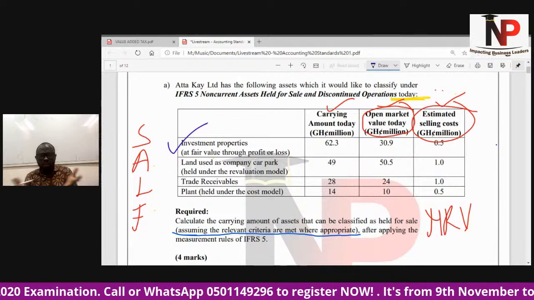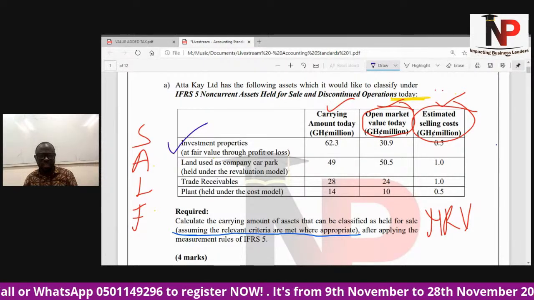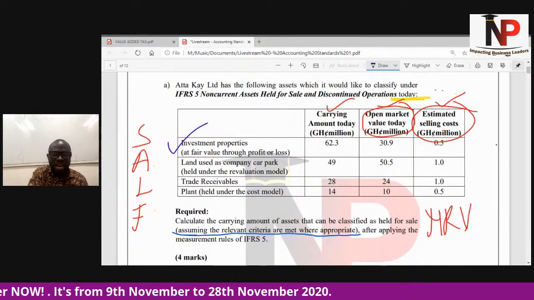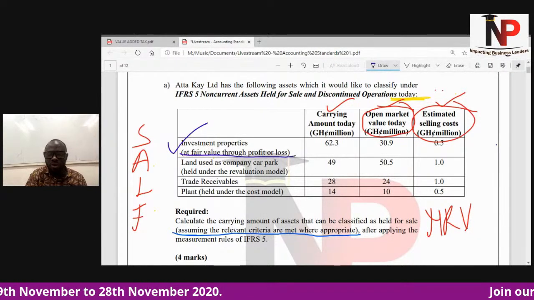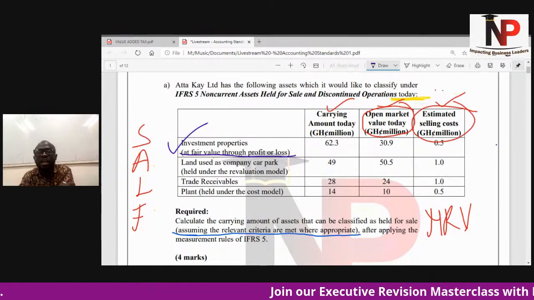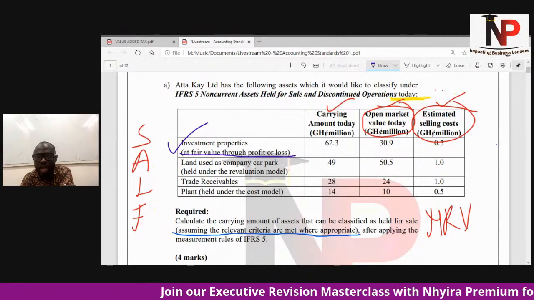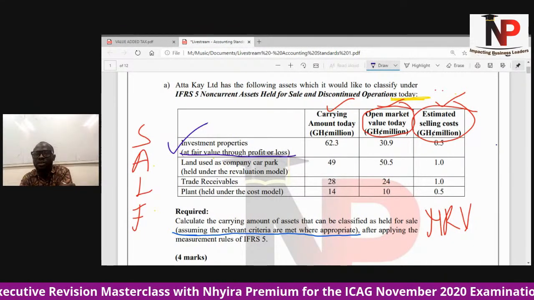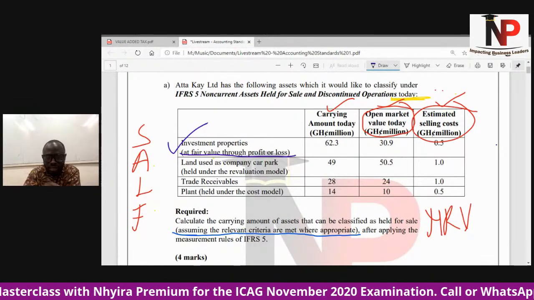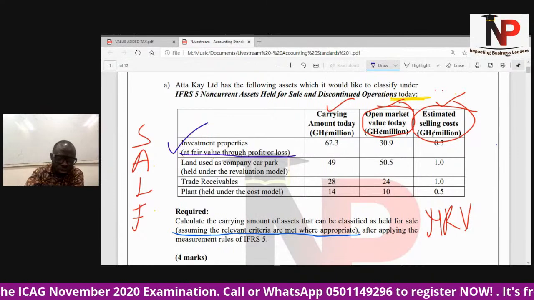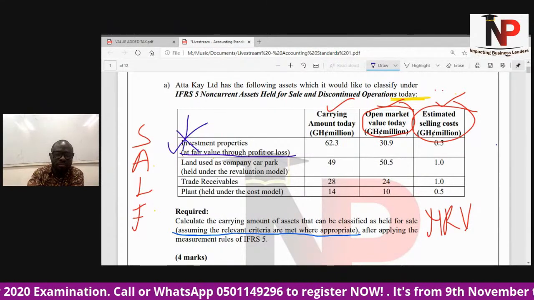Now, if a company has an investment property, and they are already carrying it at fair value through profit or loss, then it cannot be classified as held for sale. So that particular investment property cannot be classified as held for sale. So that is going to be out of the game.